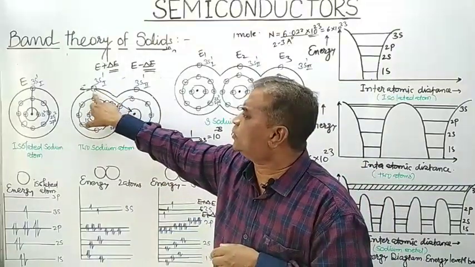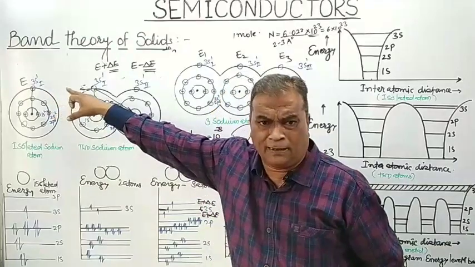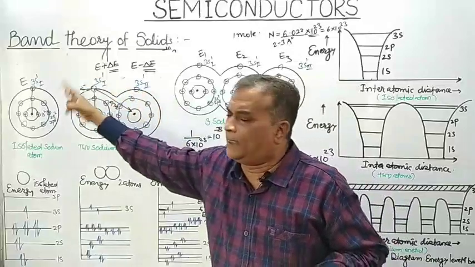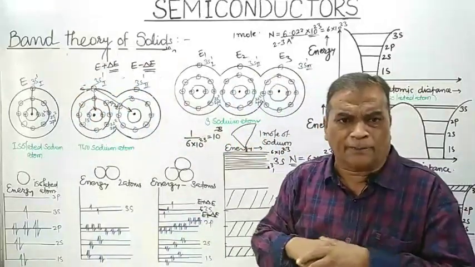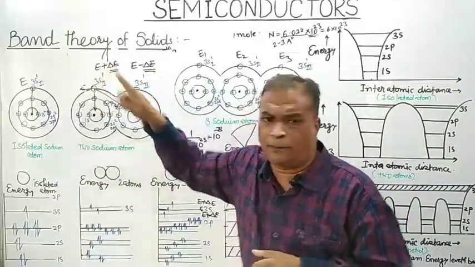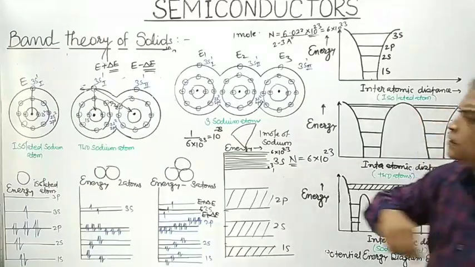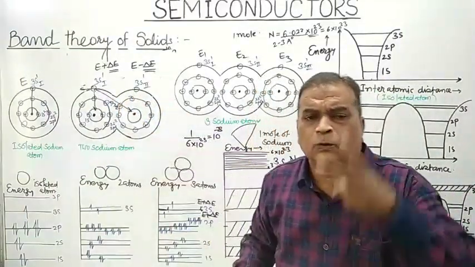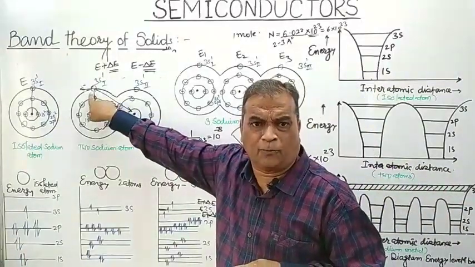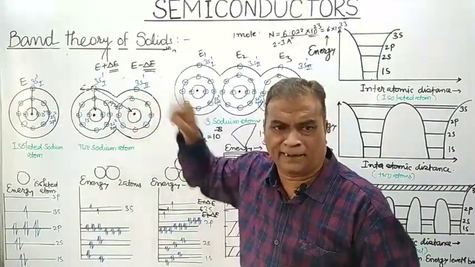The potential energy of this electron may become slightly more than its original energy, or it may become slightly less than the original energy of the electron in that 3s orbit. Means that definitely there is a slight variation in the energy of the electron. So here that 3s orbit now has two energy levels. One energy level corresponds to the energy of the first electron, another energy level corresponds to the energy of the second electron.